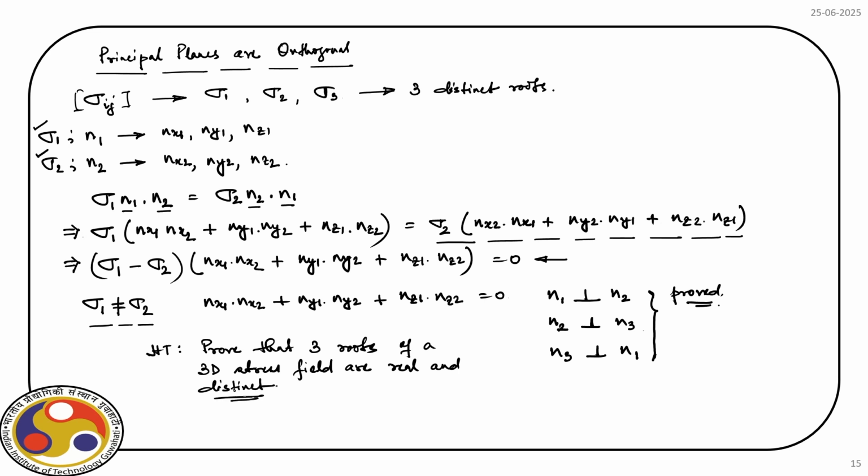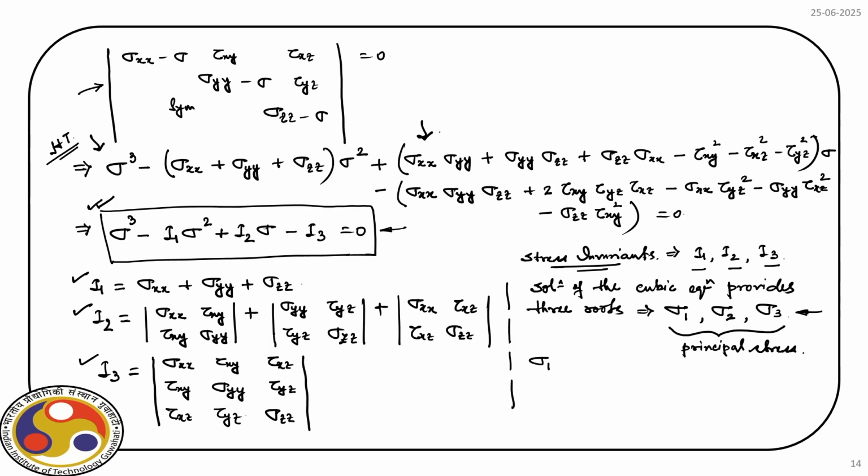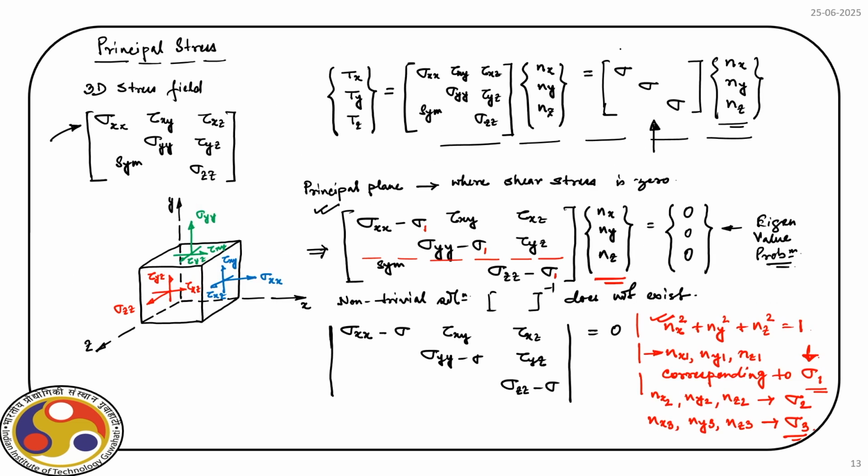This we have already assumed here while deriving this, but you take this problem, just try it. So, what you have to do? You have to start with this expression here, and then you can prove that the three roots of these equations for a 3D stress field are real and distinct. You try that. If you have any difficulty, then we will help you out.